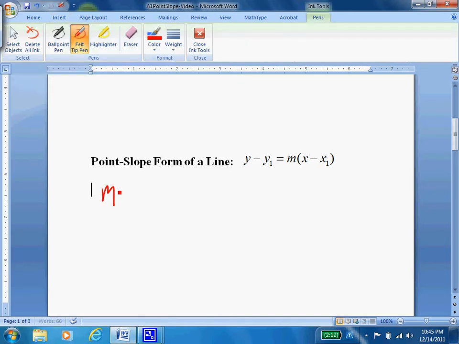The m is going to be the slope of the line. Sometimes we'll be given it, sometimes we'll have defined it, and then we'll have x1 comma y1 as a point. So because we can see the point and the slope, that's why they call it the point slope form.